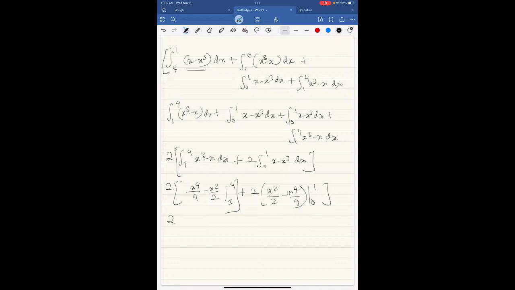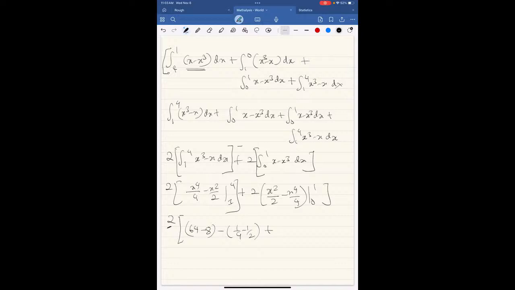And that is, so 2 times, okay, I think this was supposed to be just like this. These brackets were a bit messed up. Even functions, so 2 times, yes, exactly Muhammad. So now if I evaluate this, this will be 4 to the power 4 divided by 4, which is 4 cube, and that is 64 minus 8 minus, this is 1 by 4 minus half, plus, I'll just take 2 common over here.